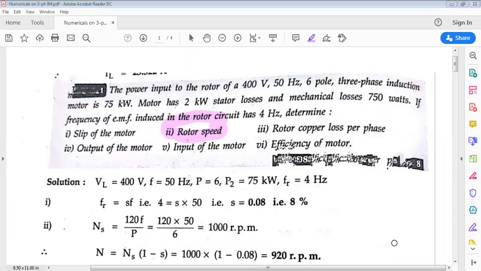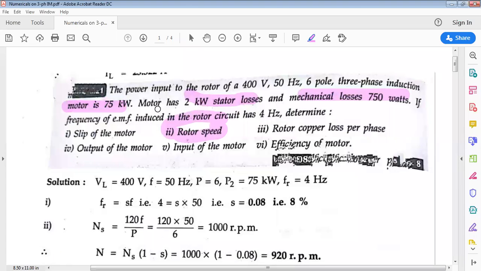Okay. See the next: rotor copper loss per phase, output of motor, input of motor, and efficiency of motor. Which parameter can we calculate next? See here, the motor's stator losses are given and mechanical losses are also given to you, and input is given.